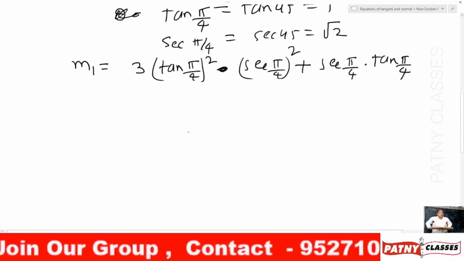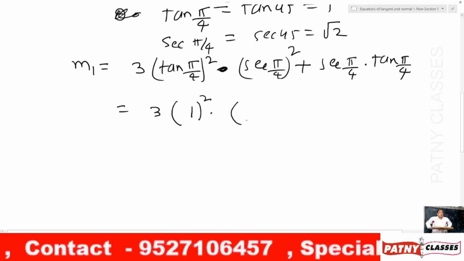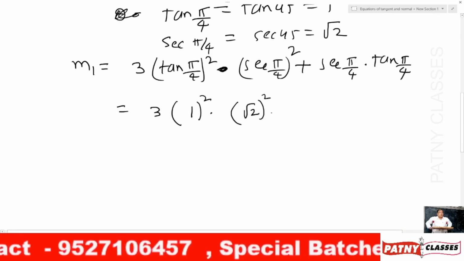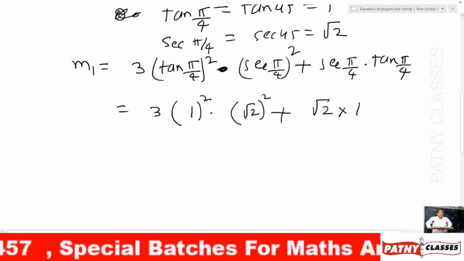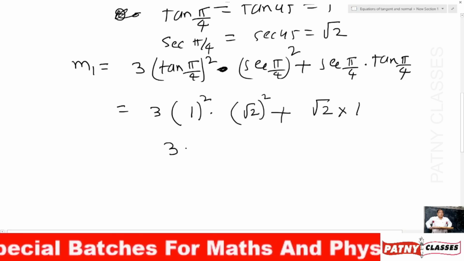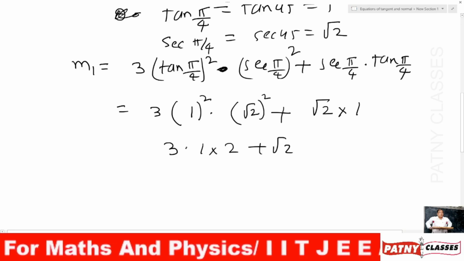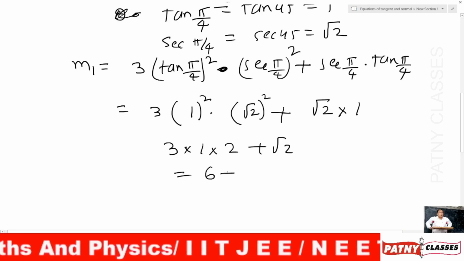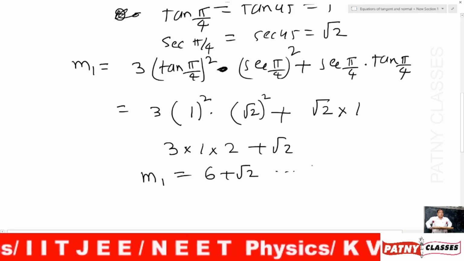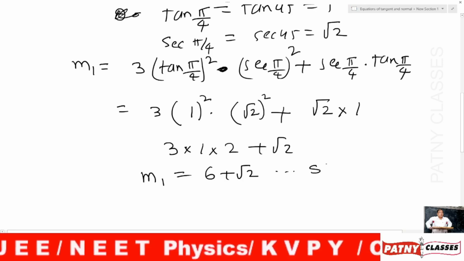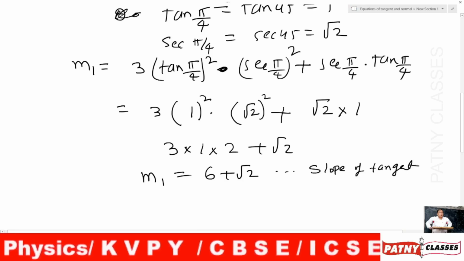So what we can do now? Equals 3 into 1 square and root 2 square, plus root 2 into 1. So I get 3 into 1 into 2 plus root 2, so that is equal to 6 plus root 2. So m1 equals 6 plus root 2, and this is nothing but the slope of tangent. We wanted to find the slope of tangent, so we got it.